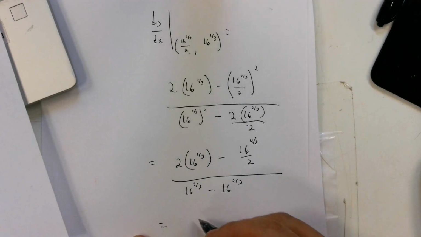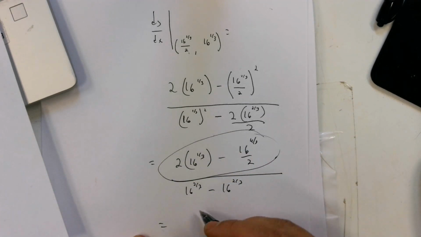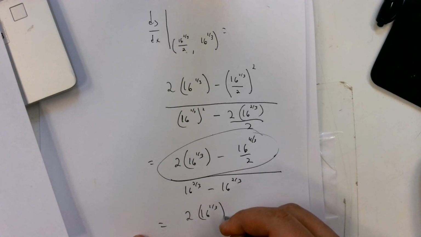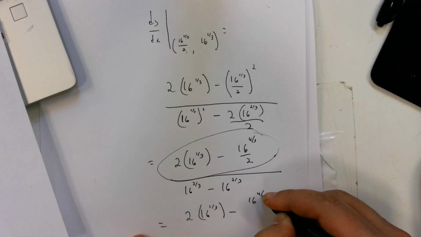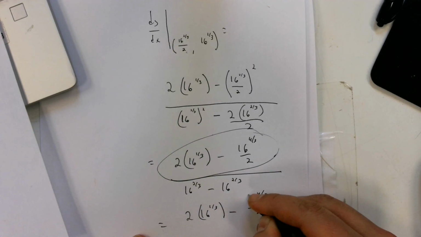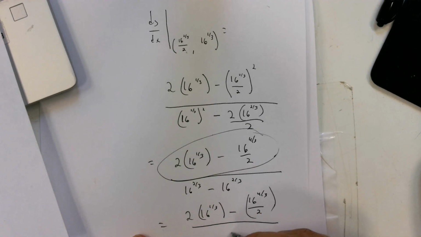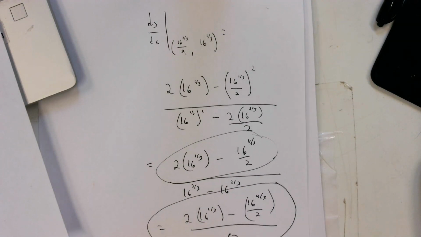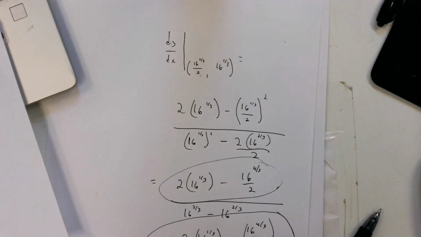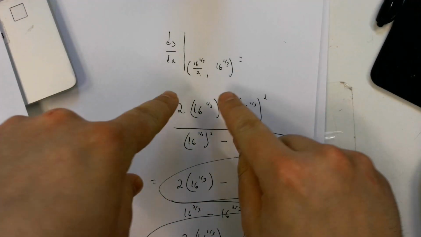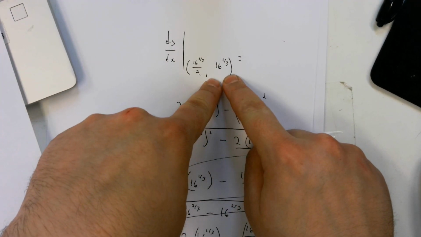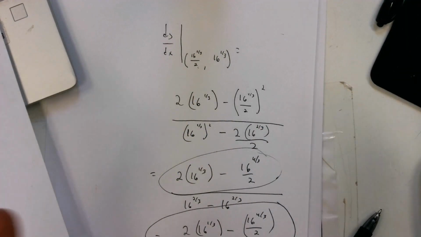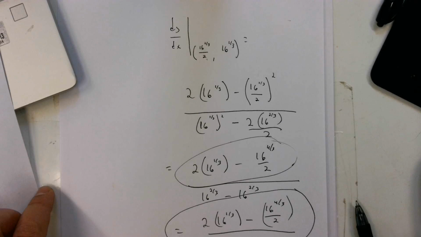This is some decimal, so who cares? Let's just leave it like that. That's division by 0. That means that at that x coordinate with this y coordinate, my slope will be undefined if I plug those points into my first derivative.